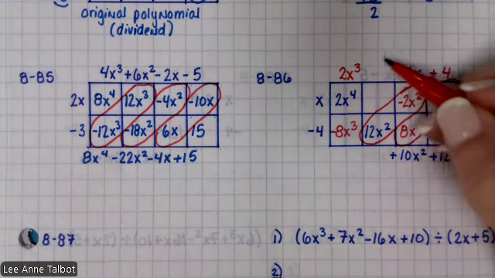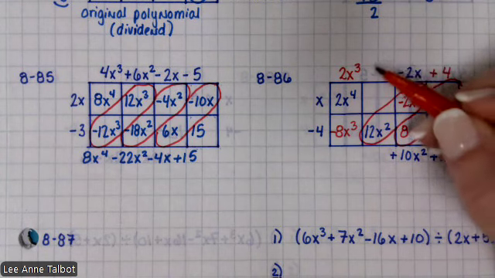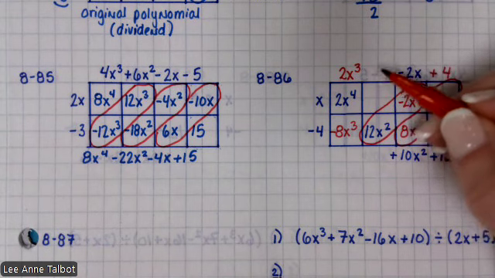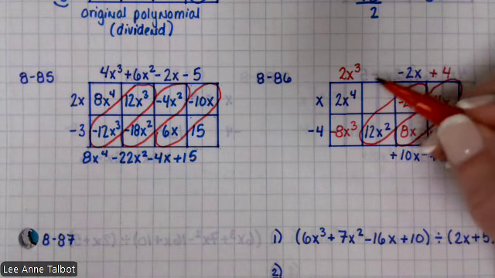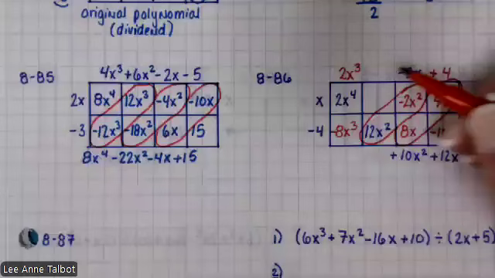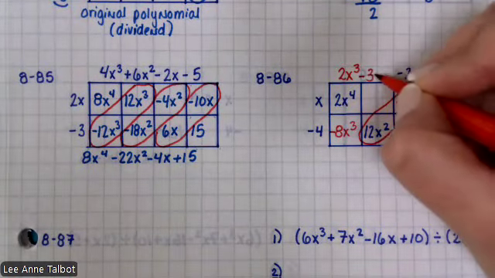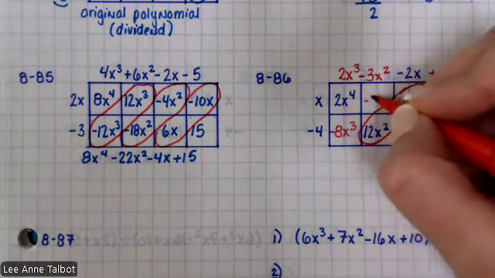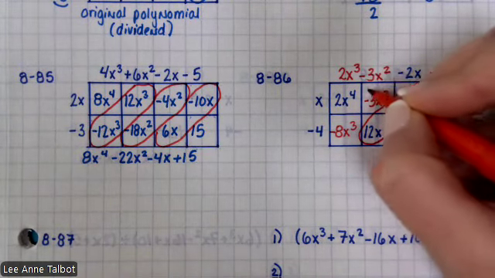Okay, now what has to be up here? Yep, negative 3x squared, negative 3x cubed.